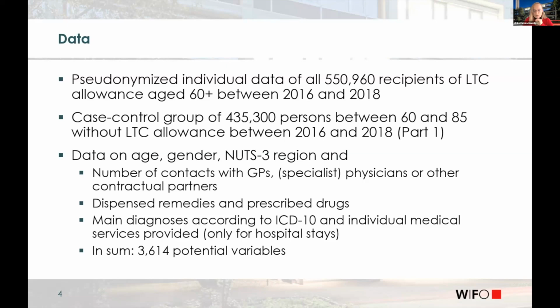We have data on age, gender, on NUTS 3 region, and the number of contacts with GPs, with specialized physicians or other contractual partners. We have data on dispensed remedies, prescribed drugs, and the main diagnosis according to the ICD-10 and individual medical services provided, but those only for the hospital stays. So in sum, we have a total of more than 3,600 potential variables.